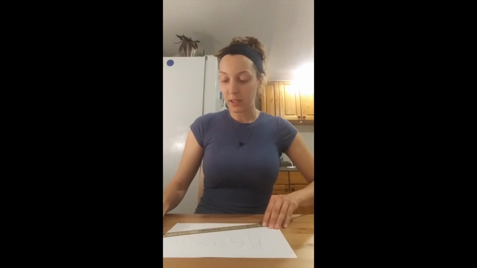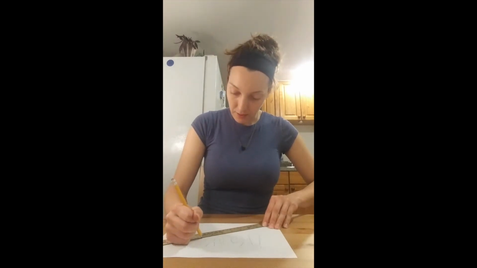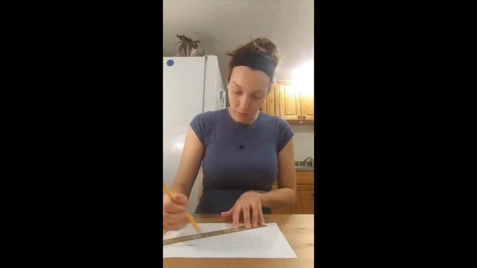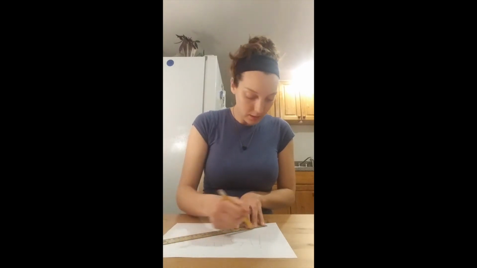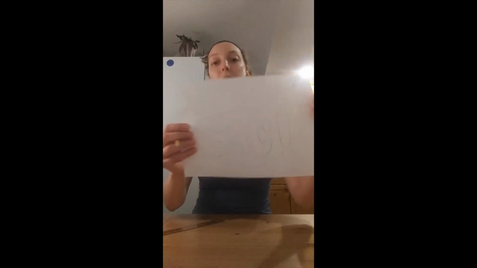So I'm starting here, I'm kind of moving my ruler till I find another edge of the letter, which I think is this edge of the C here, and I'm gonna continue to draw a line all the way to that dot, okay? So that's my second line.